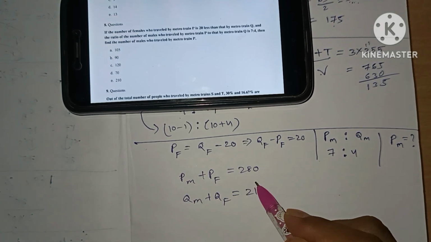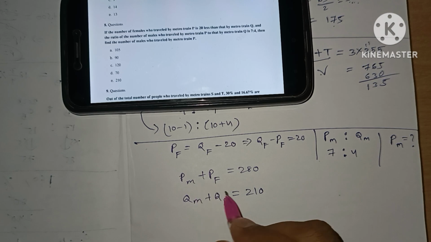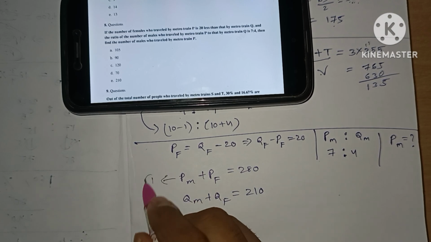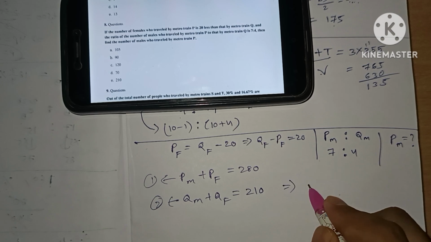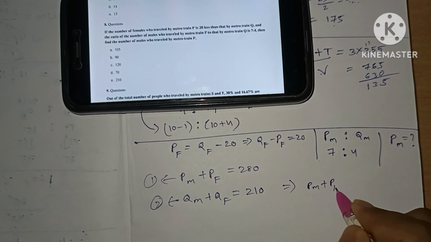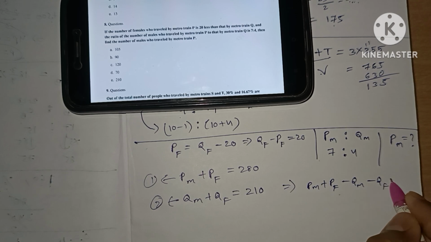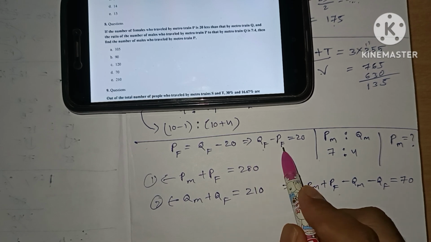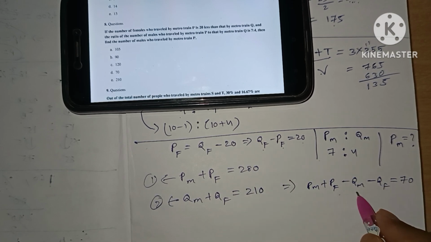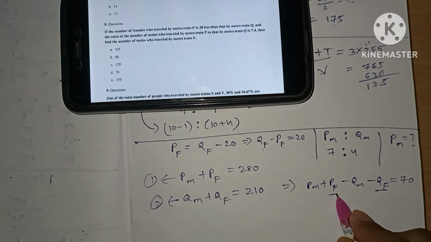First what we do is subtract the first equation from the second equation. Then what we get is PM plus PF minus QM minus QF equals the difference between these two, 70. So here we have QF minus PF value is 20. Here we have QF and here we have PF, but the sign is in the opposite direction.